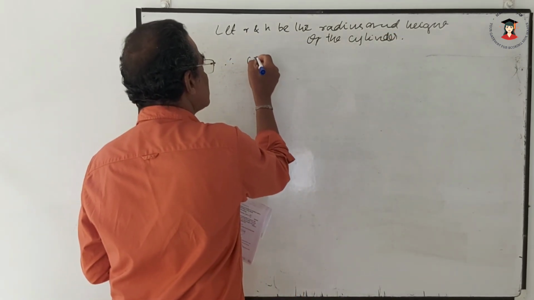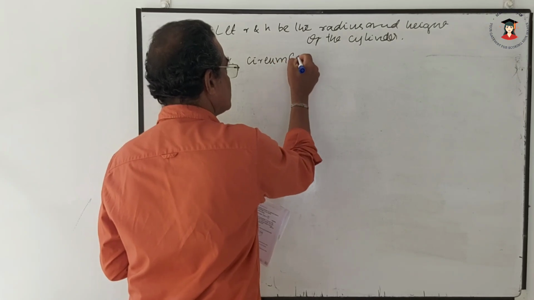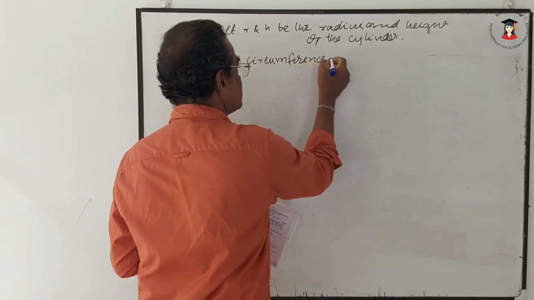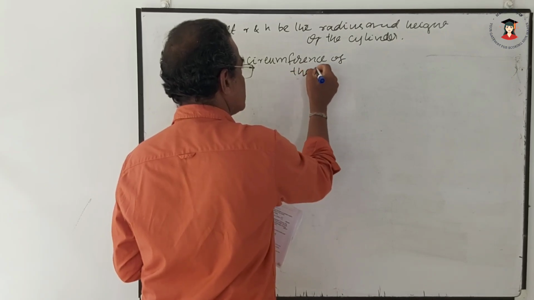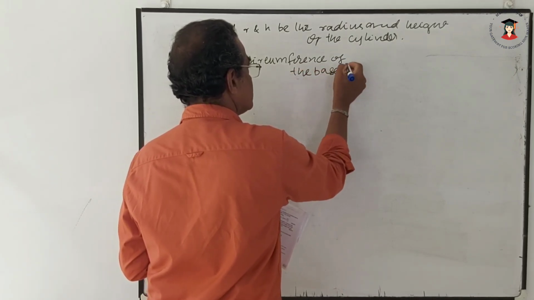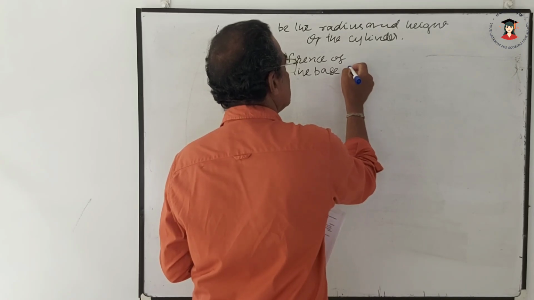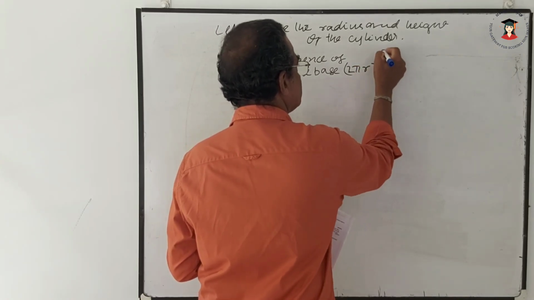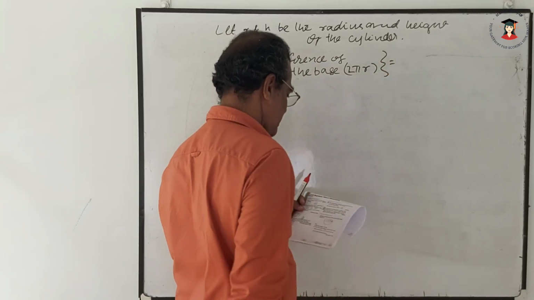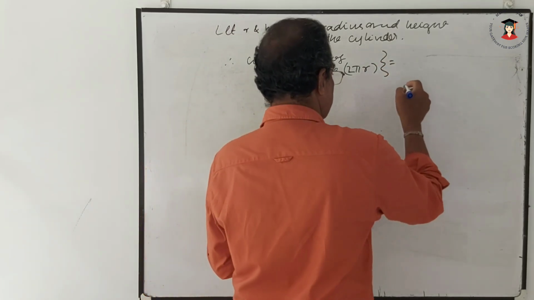Therefore, circumference of the base equal to 2 pi r. It has been given as 132 centimeter.